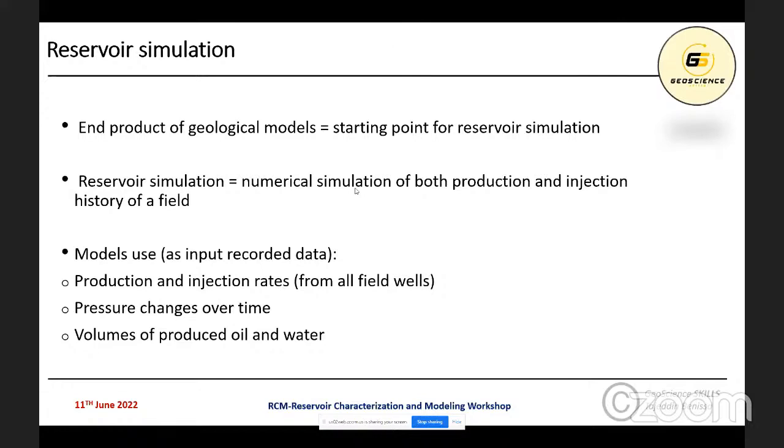The final target of the reservoir simulation is to provide a history match that can tell us whether this reservoir model is reliable or not. And that depends on the match degree between the input data and the output data.